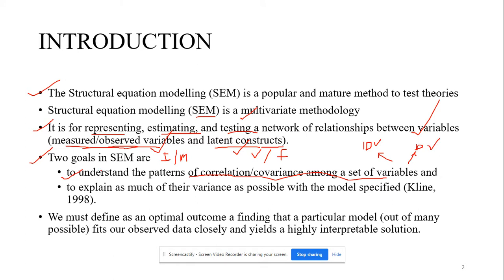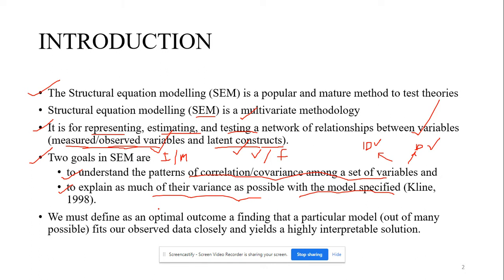So first is the correlation or covariance among them, and then to explain this relationship, how much of their variance is explained with the model specified.